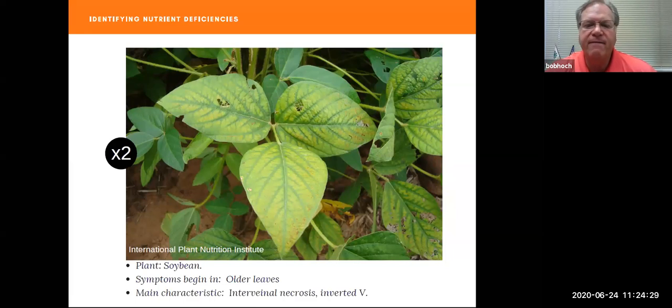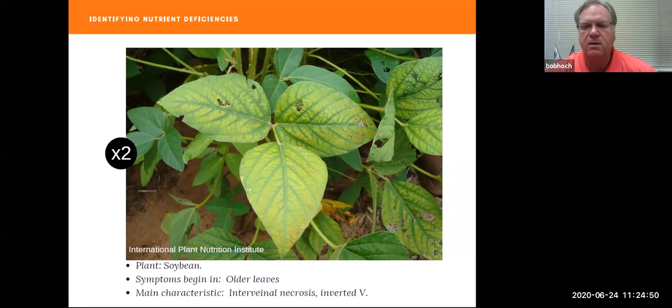Here's a member of the bean family that's showing this striking interveinal chlorosis. These larger leaves that you see in the forefront of this photograph are ones that are more deficient. The newer, smaller leaves on this plant are darker green, and so those are the ones showing the new growth.